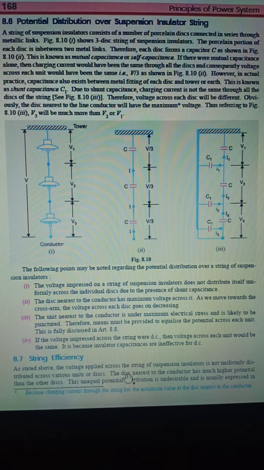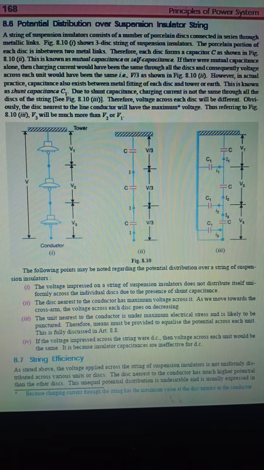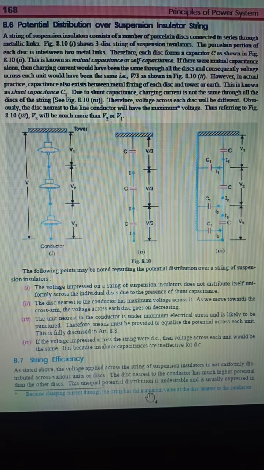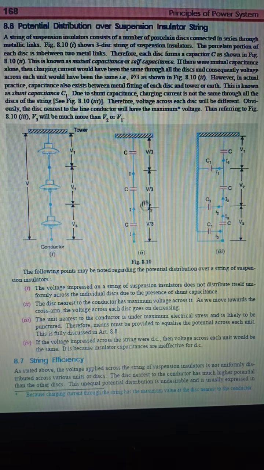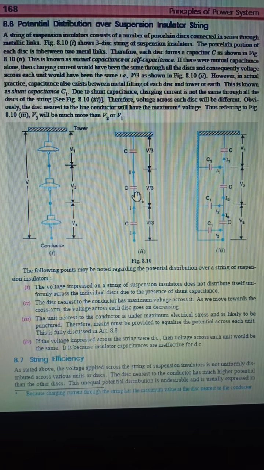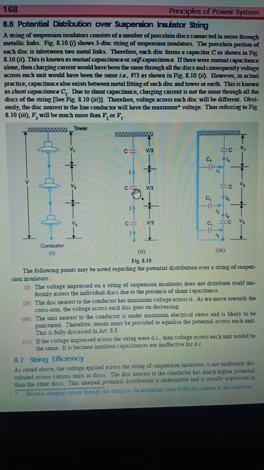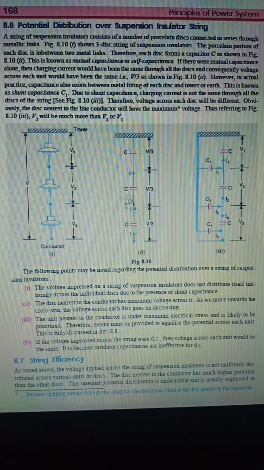Now, string efficiency. The voltage applied across the string of suspension insulators is not uniformly distributed across the various units or discs.